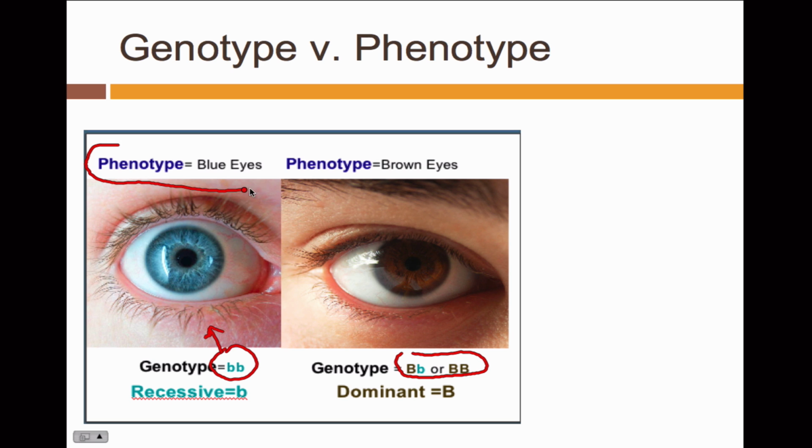Phenotype is what actually shows up in the individual. So this individual has blue eyes. This individual has brown eyes. You'll notice that genotype and phenotype kind of tell us the same thing. The phenotype is blue eyes. The genotype is lowercase b, which tells us that the phenotype is going to be blue eyes.